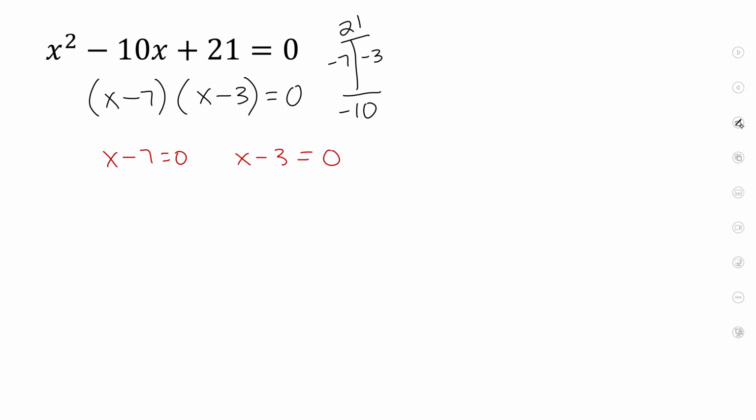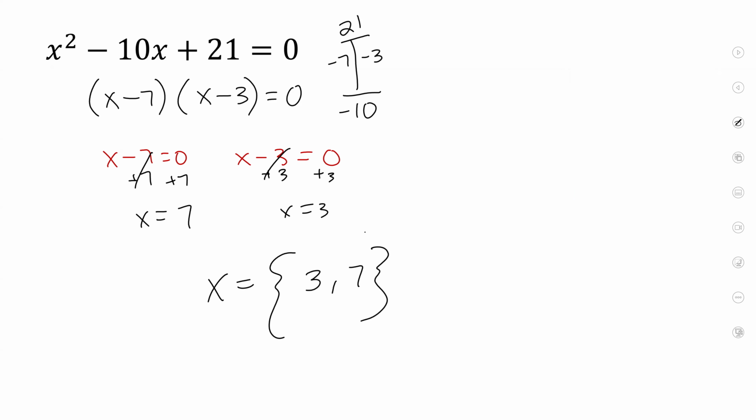And then you solve. Add 7, you get x is 7. Add 3, you get x is 3. So your solution set is 3 and 7. I like to put my solutions in order from least to greatest.